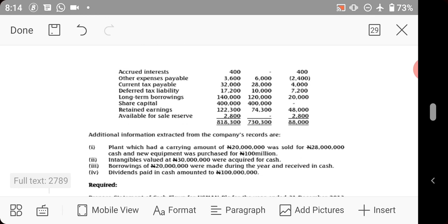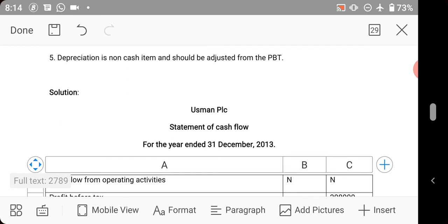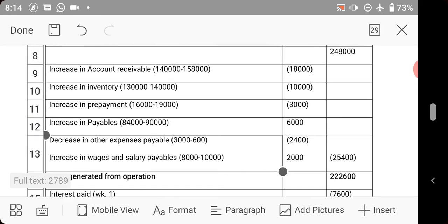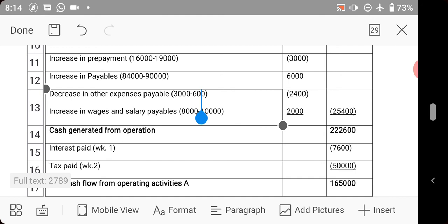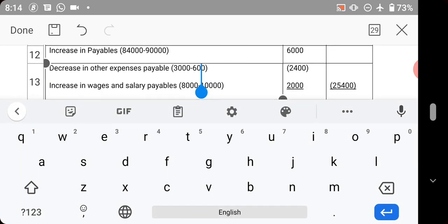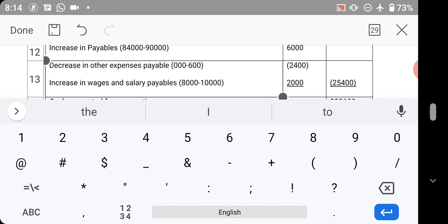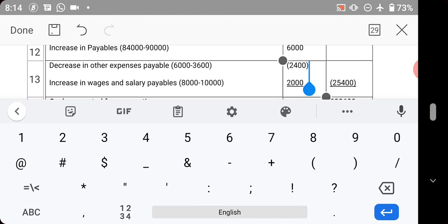The closing balance is 36. So it's a decrease. I didn't place it well. So it should rather be opening value is 6,000 and closing value is 36. So it decreased. When it decreases, you less. If it increases, you add. That's why we less this.